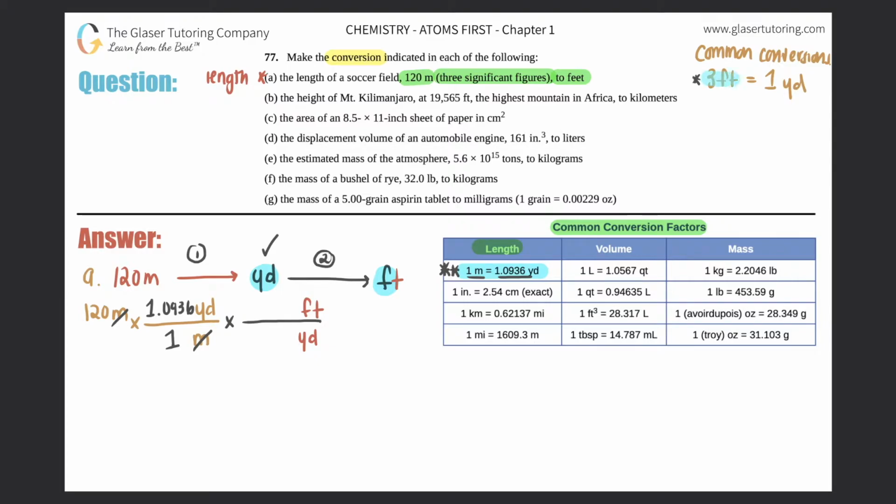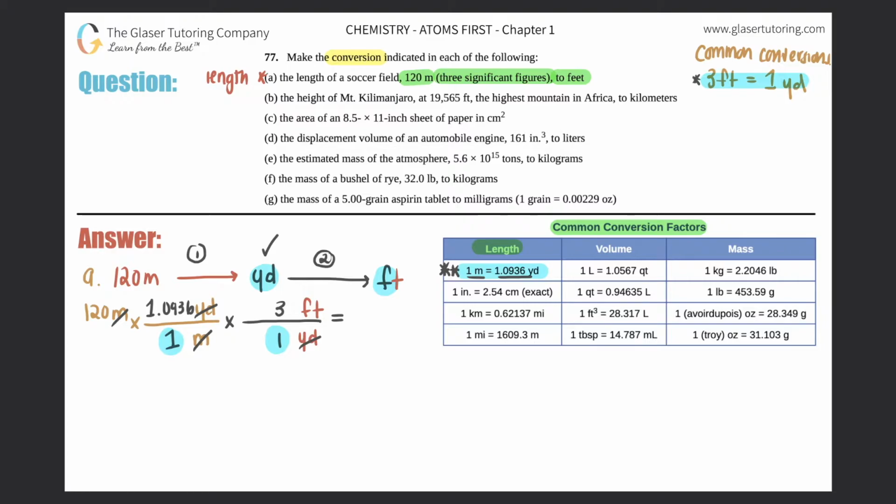From our common conversion, 3 feet equals 1 yard. So 3 feet equals 1 yard. The yards will cancel out. And we're doing the math. It looks like we're just multiplying by the top because the denominator is 1 times 1. So we're just going to do 120 times 1.0936 times 3.